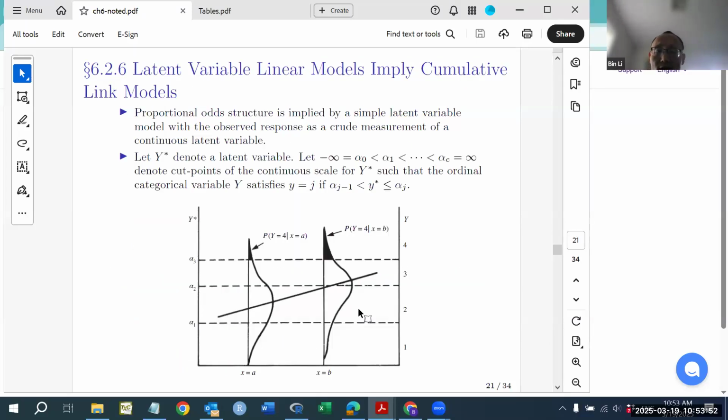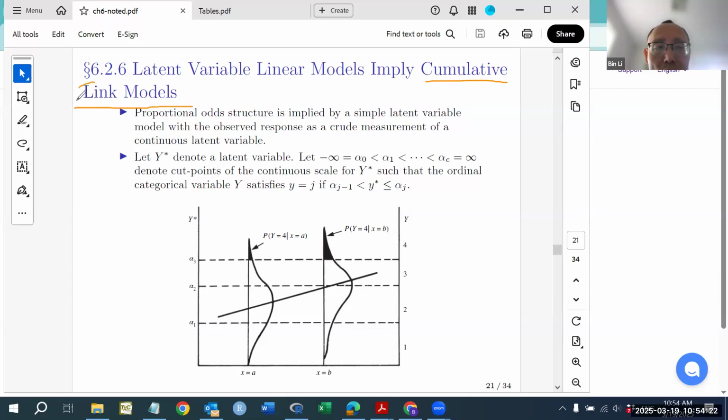Okay, now this is to interpret the logit cumulative link model with the latent variable model. So now you can see, first of all, what is a cumulative link model?